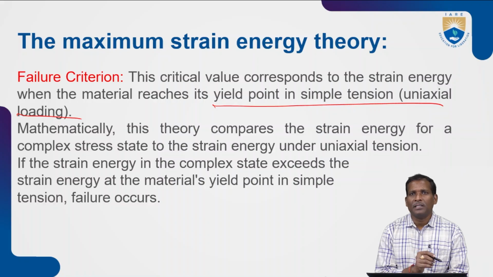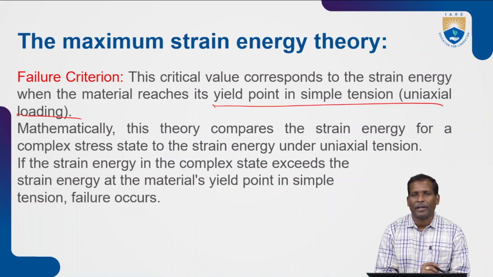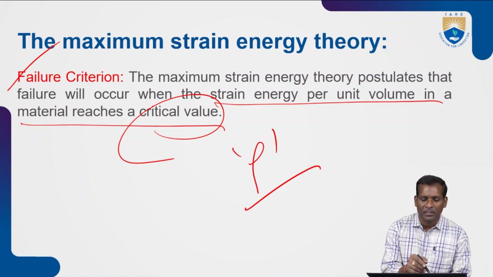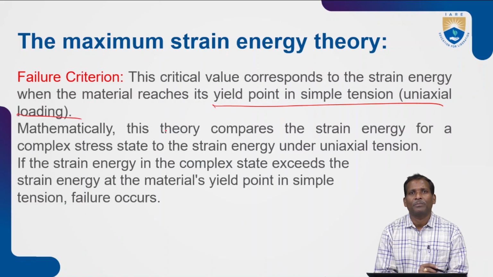Whenever it reaches this yield point, the critical value is obtained. So this critical value is the failure criterion. Whenever the strain energy per unit volume of the material reaches this critical value, the component will fail.